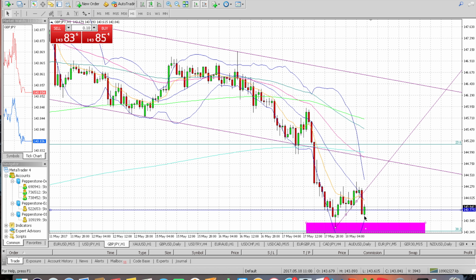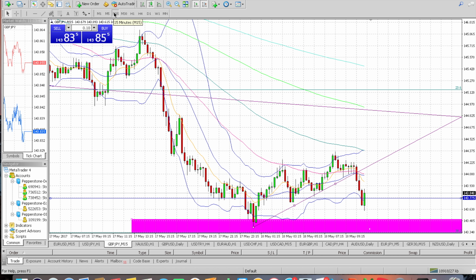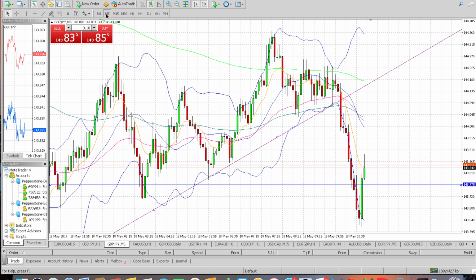You always have to remember what's important is where you exit the trade, and where you exit is where you take profit or have a loss.